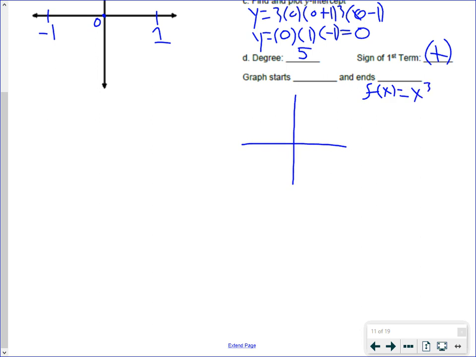That's an odd degree positive polynomial, or a function, whatever you're going to call it. It's odd and it's positive. And that function looks like this, more or less. And we see we start down and we end up. And every odd positive polynomial will be the same way. It will start down and it will end up.